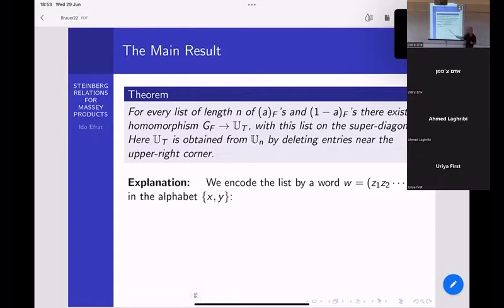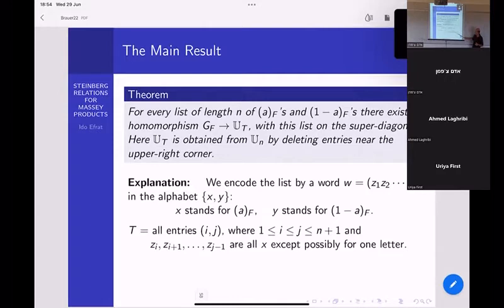These are letters in the alphabet X, Y, two letters, where X means that you have placed the Kummer element of A, and Y means that you have placed the Kummer element of 1 minus A. And now, an important definition. T is a set of entries in the upper right triangle. Which entries?